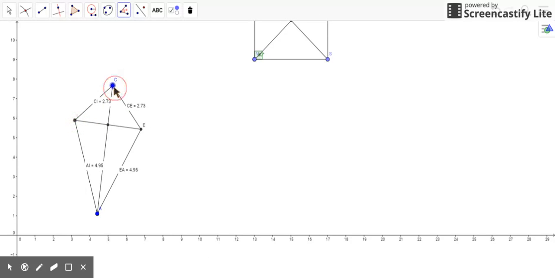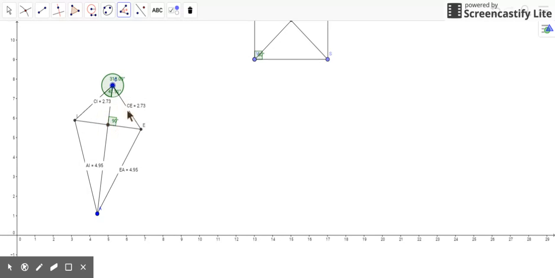Well, the bisectors are perpendicular. Well, maybe not.